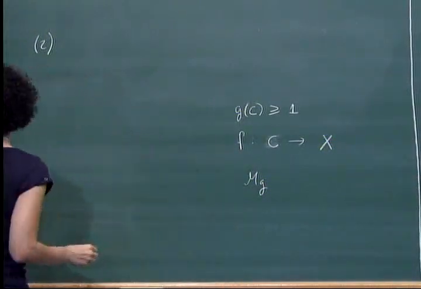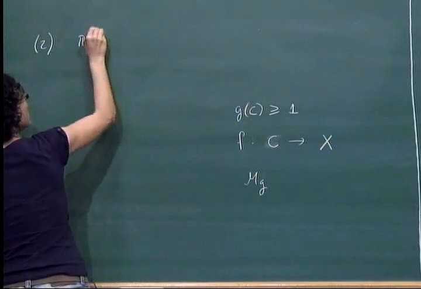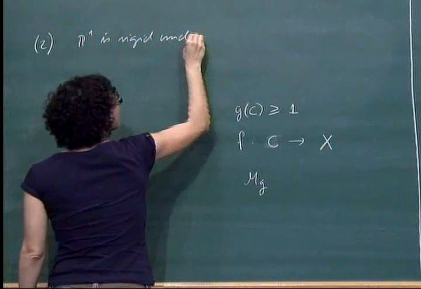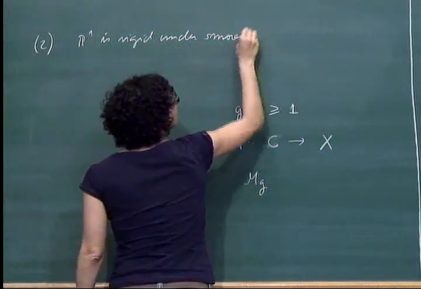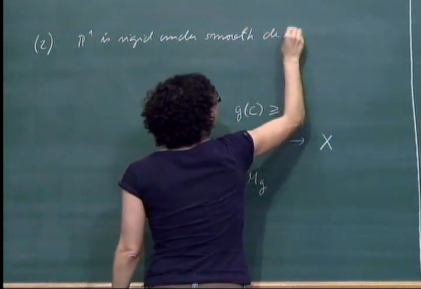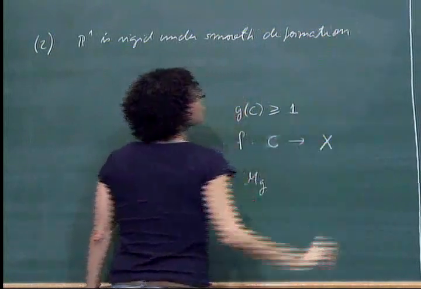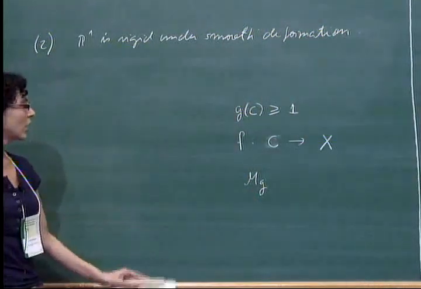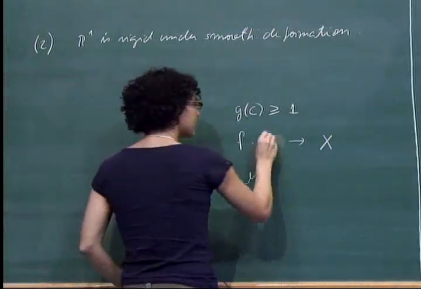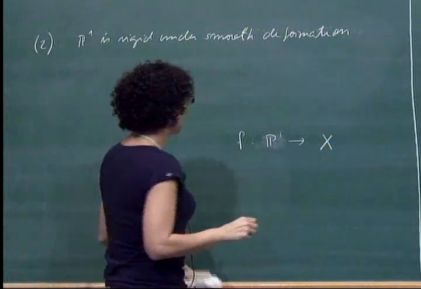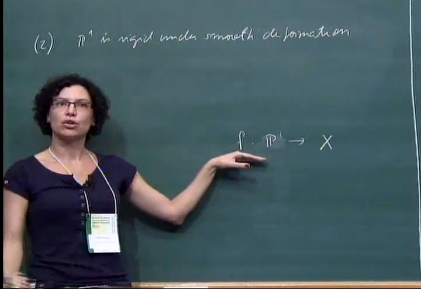While if you are in the case of P1, you know that P1 is rigid under smooth deformation. So in a sense, if we consider morphisms from P1 to X, then we can just consider deformations of this morphism.